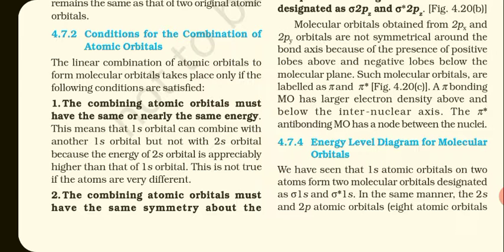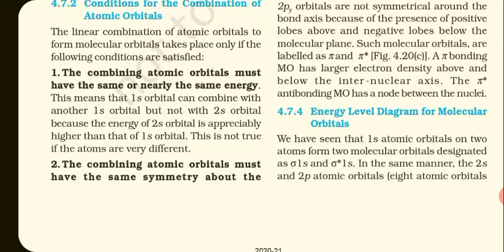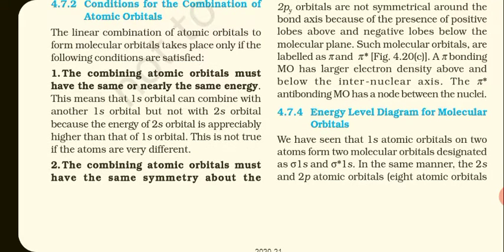Molecular orbitals obtained from 2px and 2py orbitals are not symmetrical around the bond axis because of the presence of positive lobes above and negative lobes below the molecular plane. Such molecular orbitals are labeled as pi and pi star.